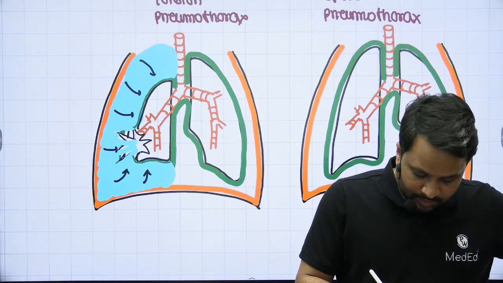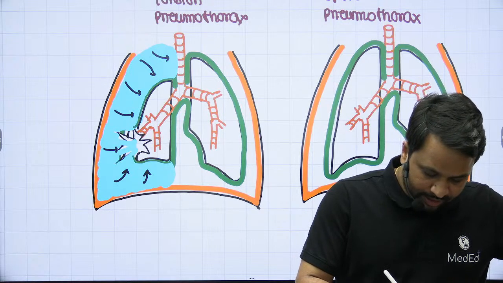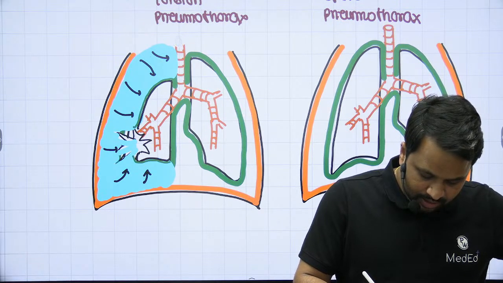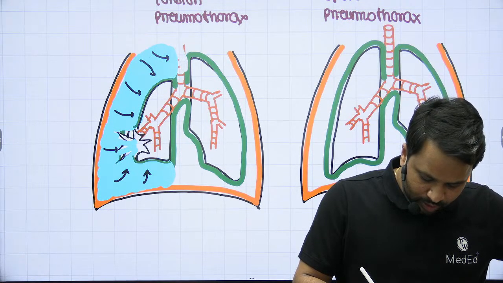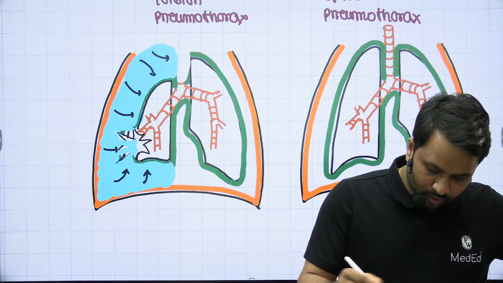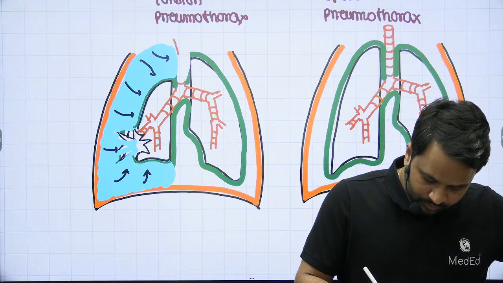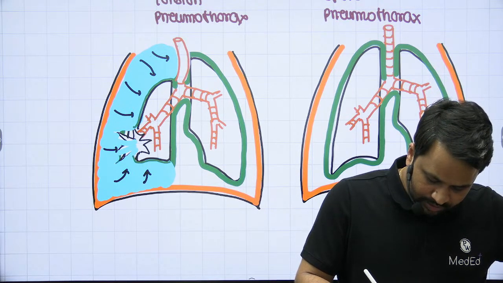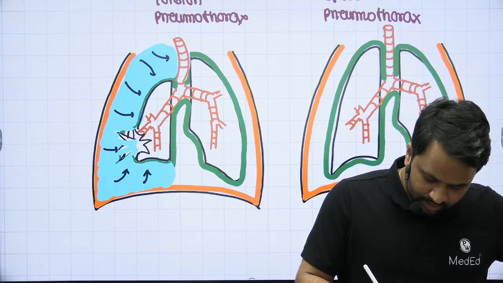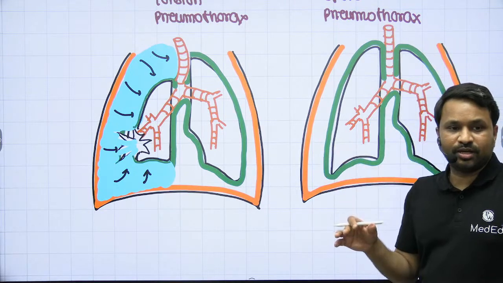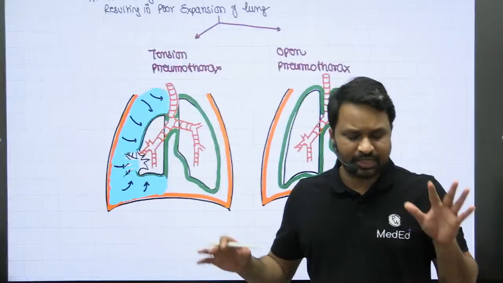Another thing is that the trachea, which is supposed to be central, is pushed under the influence of this pressure and deviates to the opposite side. This tracheal deviation is what we call tension pneumothorax.